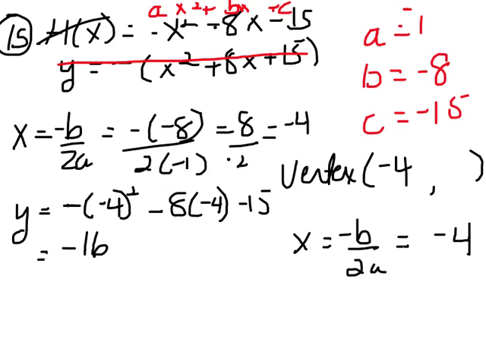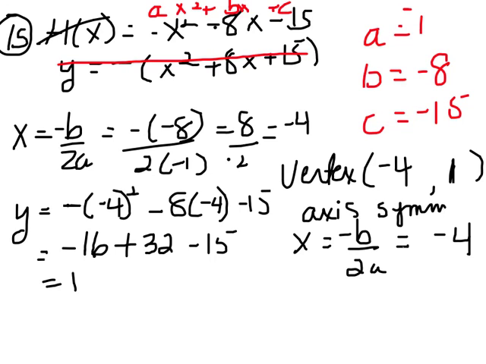Now, negative 8 times negative 4 is a positive 32 for the next term, and then minus 15. It looks horrible, but this actually just ends up being 1. Negative 16 plus 32 is 16, and 16 minus 15 is a positive 1. So my vertex is negative 4, 1. My axis of symmetry is x equals negative 4. It's always a vertical line.